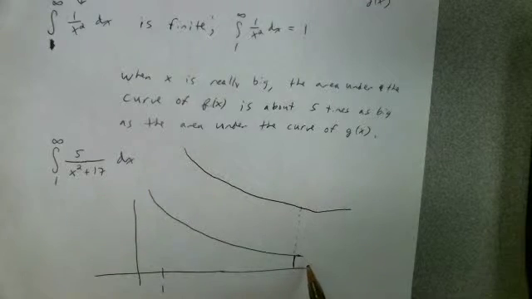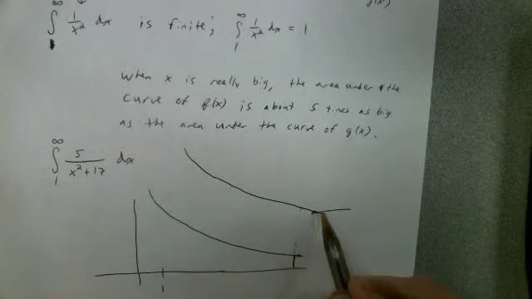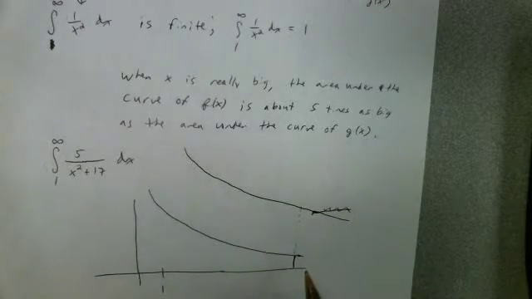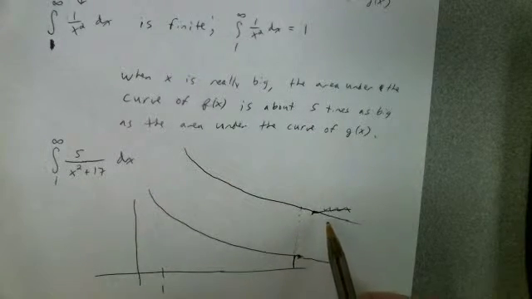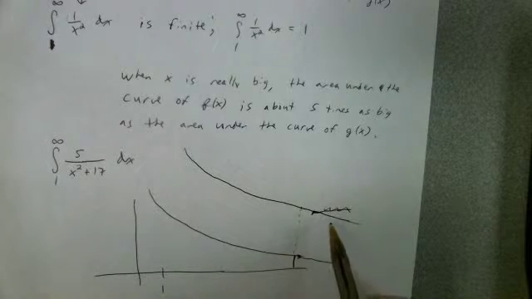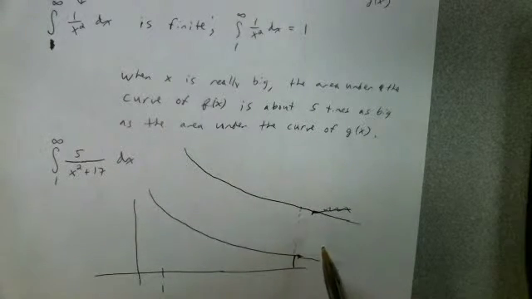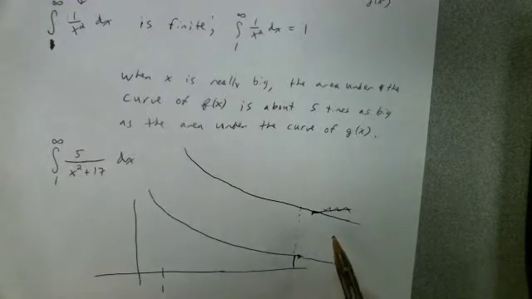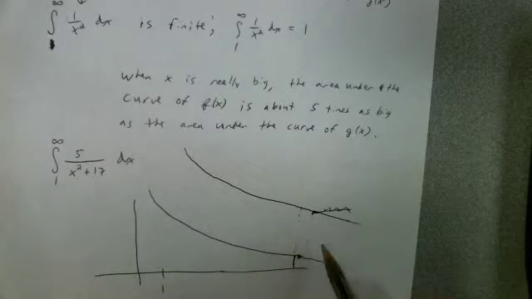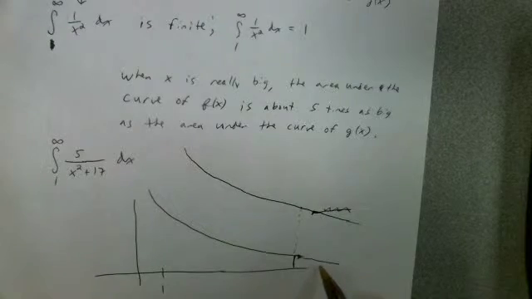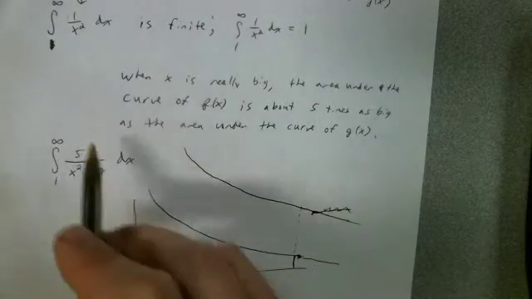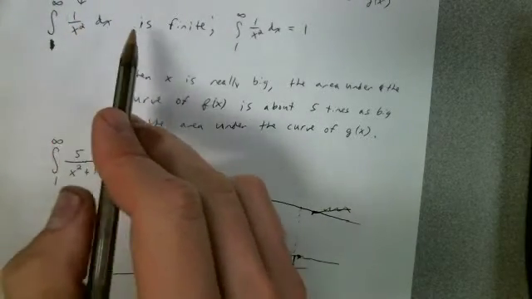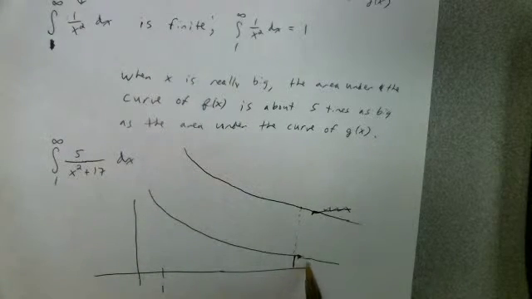Well, this area is finite. So if this area under the curve is finite, this area under the curve must be finite. It's bigger, about 5 times as big. This little area under the curve, we know it's a finite number because the integral of 1 over x squared is finite. We know this area under the curve here is way less than 1.